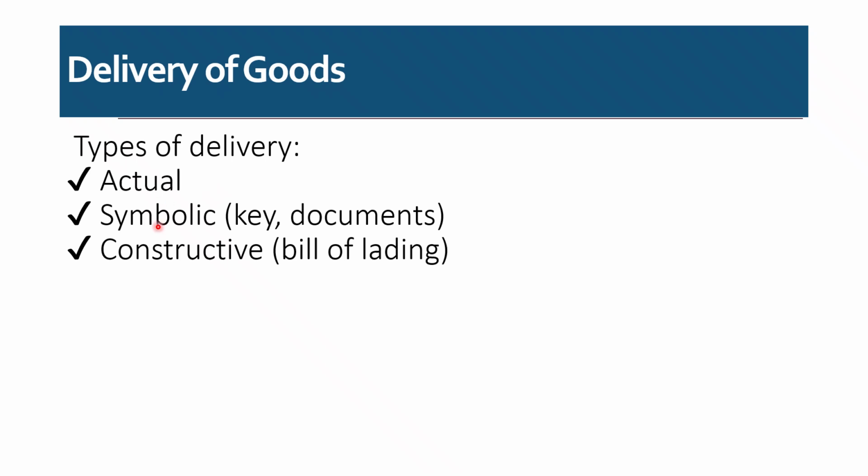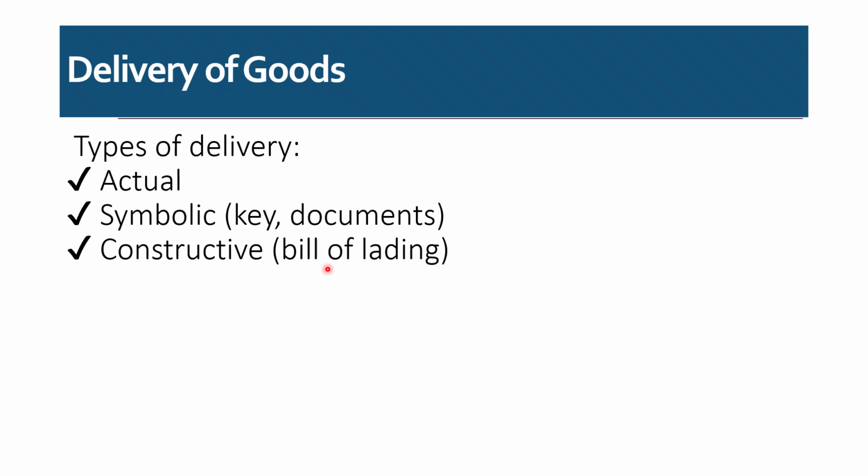Next is symbolic delivery. Here goods are not physically transferred, but something representing the goods is delivered, maybe the key or the documents. For example, handing over the key of a warehouse or a document of title like a bill of lading. Right? Then the third type is constructive delivery.